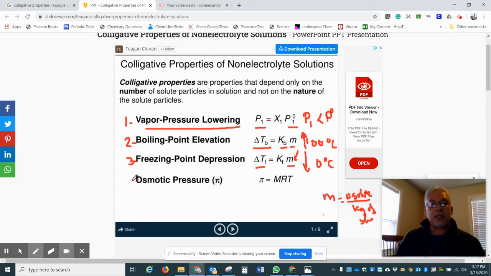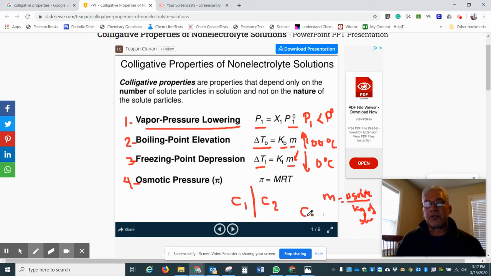The fourth one is osmotic pressure. Osmotic pressure is the pressure that the solvent exerts against the semi-permeable wall in order to make two different concentrations equal. For instance, let's say this is our semi-permeable layer here.